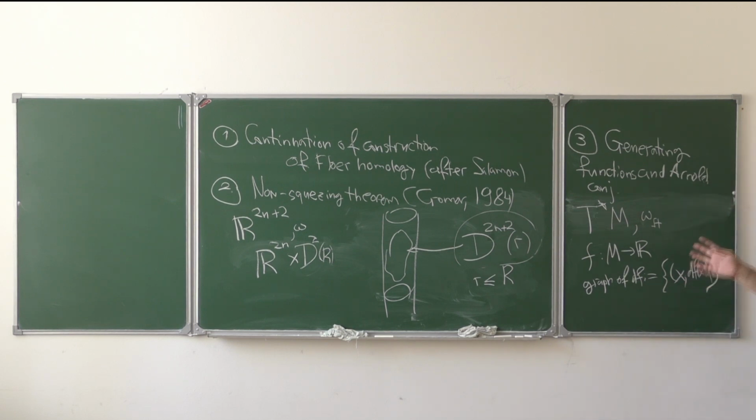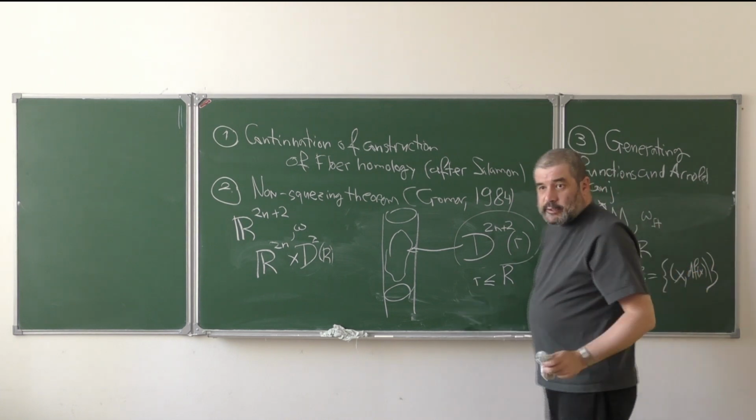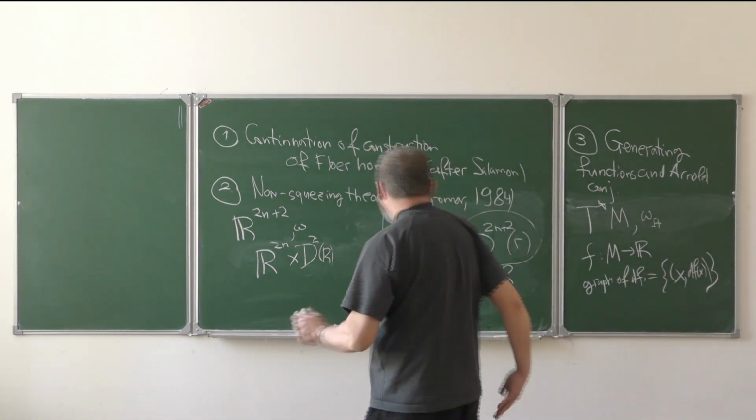I claim, and that is a really simple exercise, that this manifold is Lagrangian in the cotangent bundle. And this function f is called a generating function, by definition.